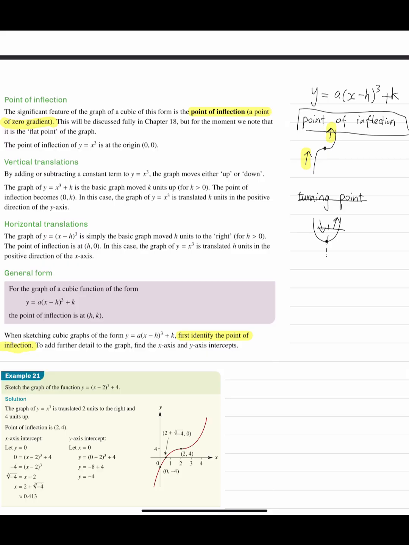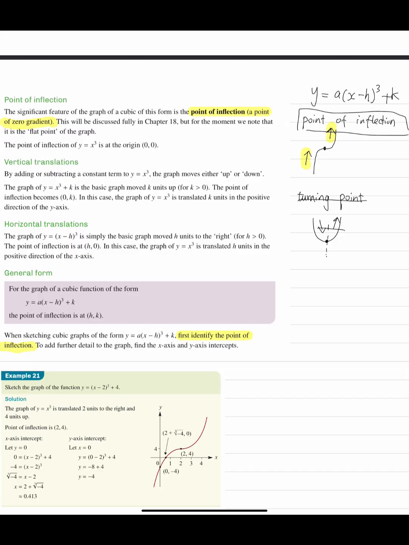So a quick question for you. We know that quadratics will always have a y-intercept, but depending on the case they will have either two x-intercepts, one x-intercept, or zero x-intercepts. When it's zero, the parabola is not touching the x-axis.